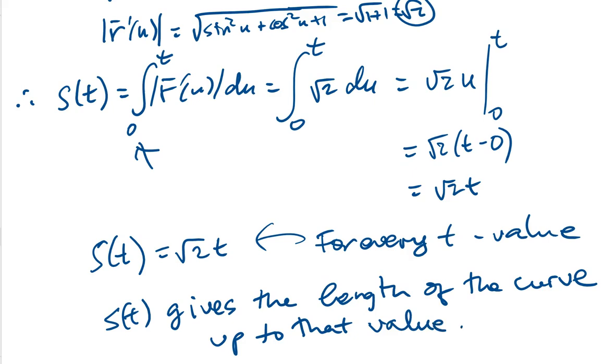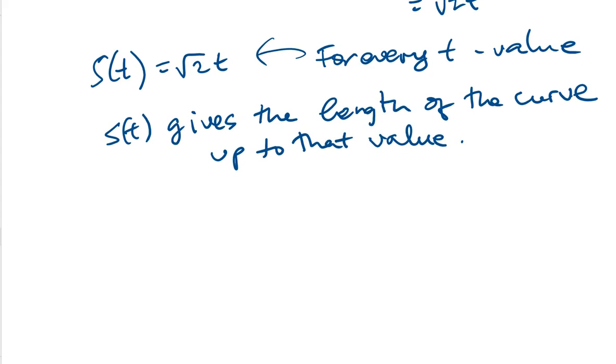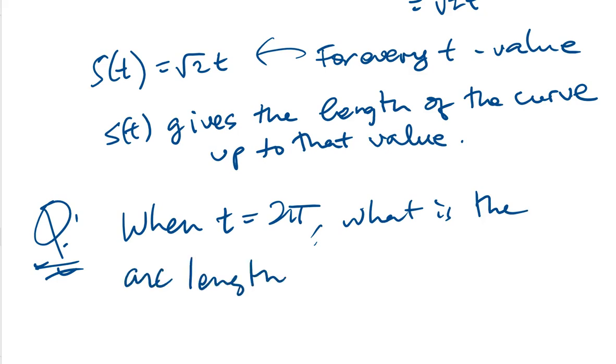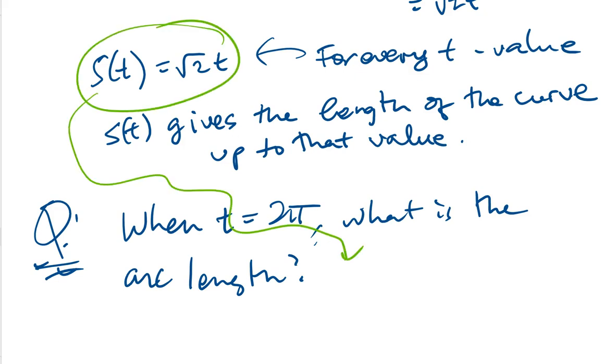All right, so question for you. When t equals 2 pi, so the helix going all the way around, what is the arc length? Well, all I have to do is plug it in. I'm going to take this and plug in 2 pi.